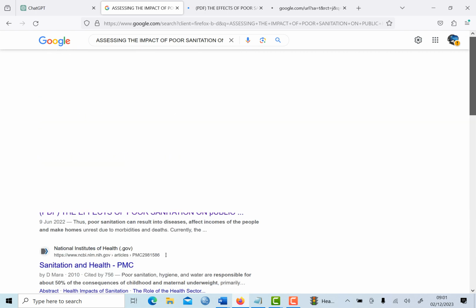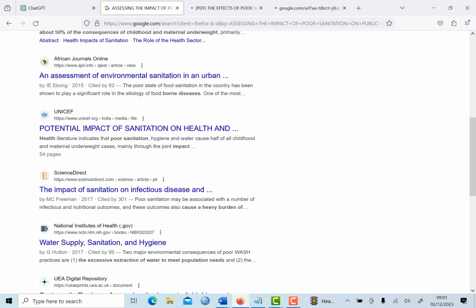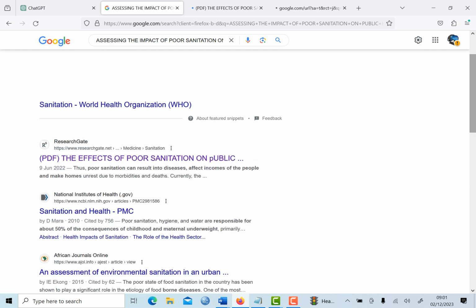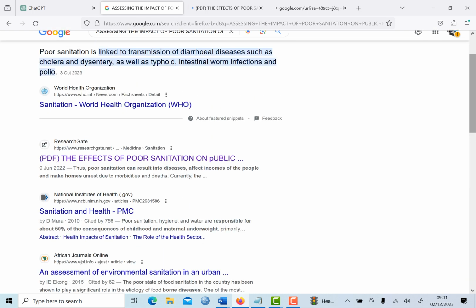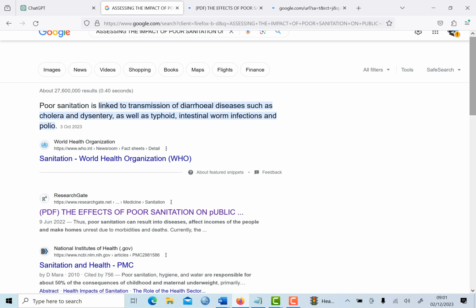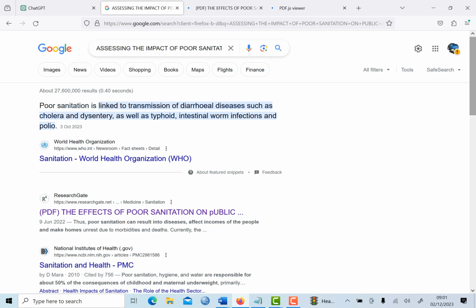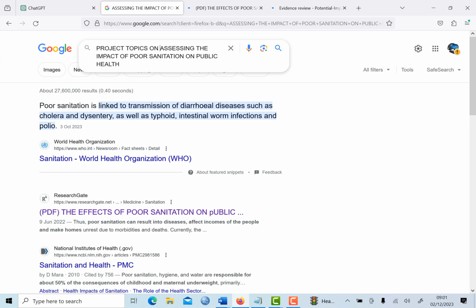So to check if there are other project topics on it, you can just add to your search engine: project topics on it.